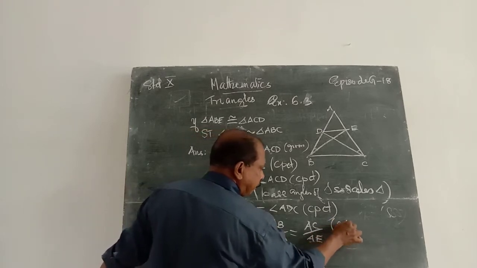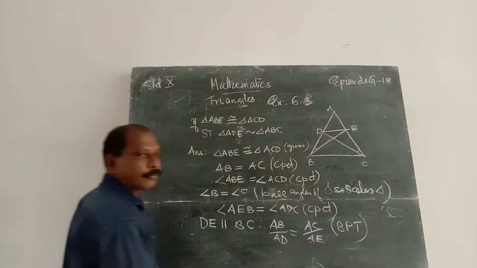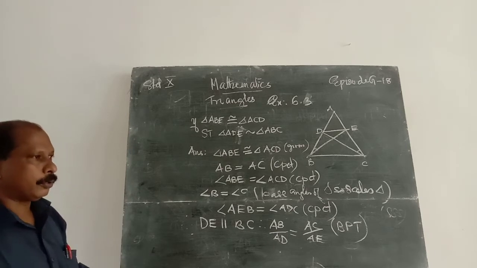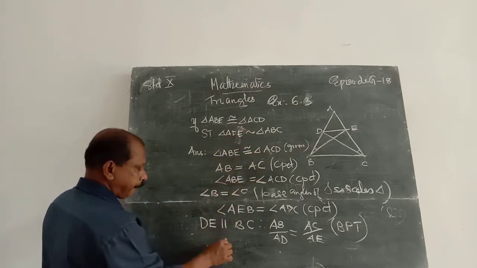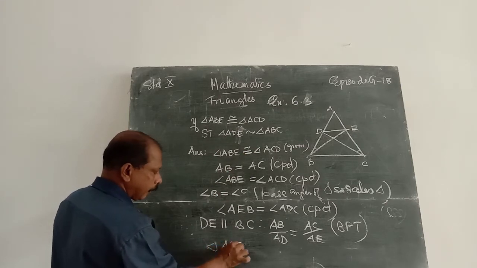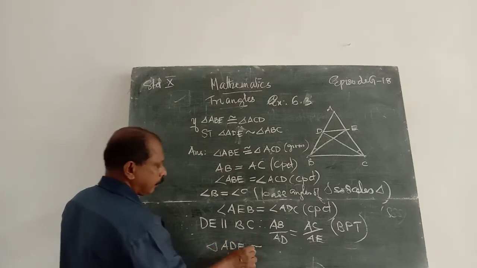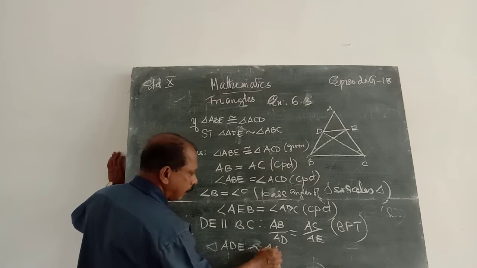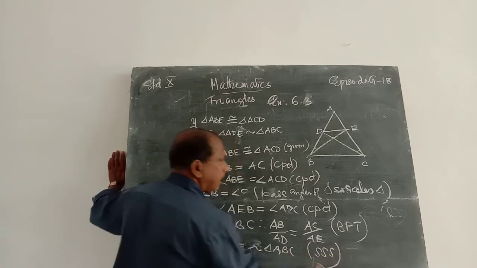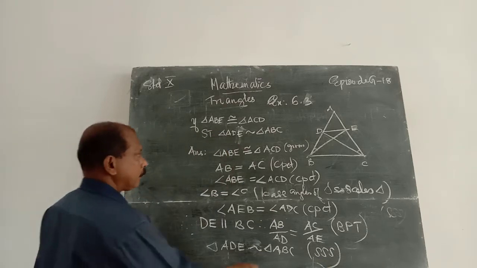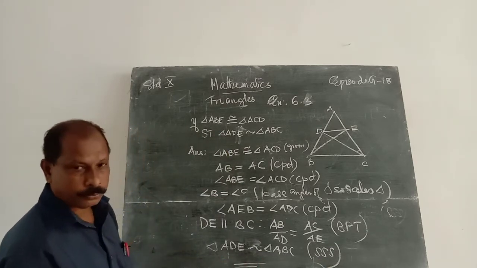That is basic proportionality theorem. Therefore, triangle ADE is similar to triangle ABC. That is side criteria of similarity. That is our result. Okay.